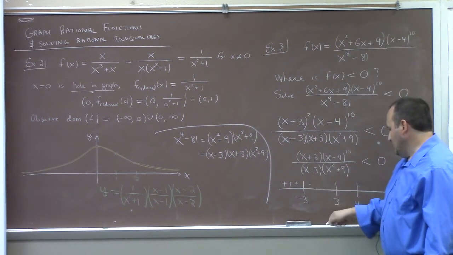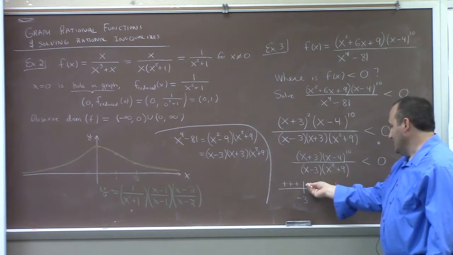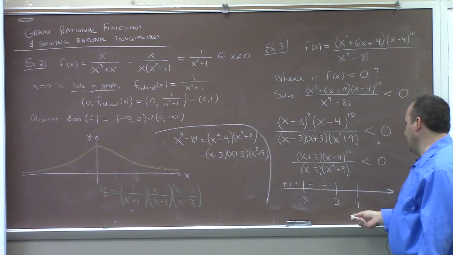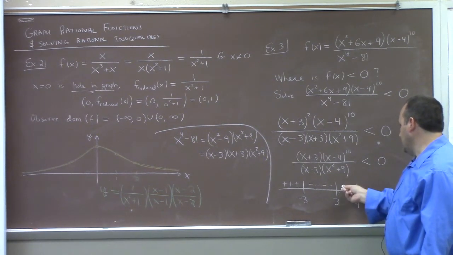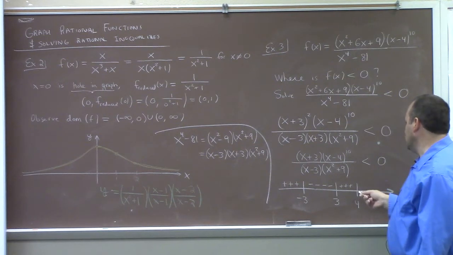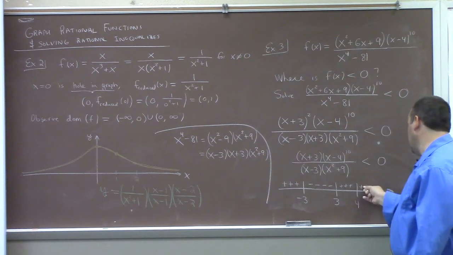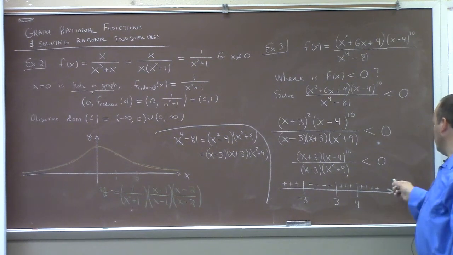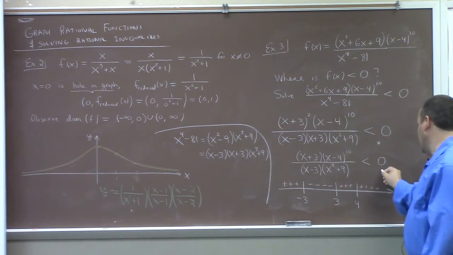Then we've got another flip here. And then at 4, it still stays positive, right? And so the solution then is minus 3 to 3.